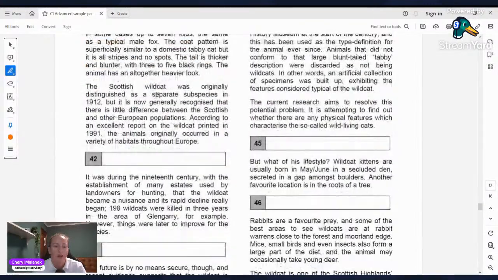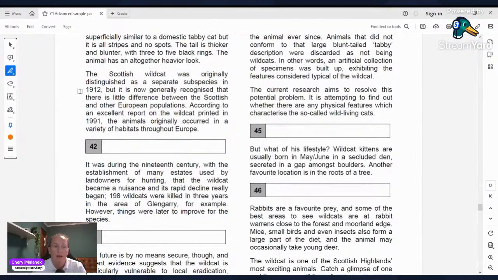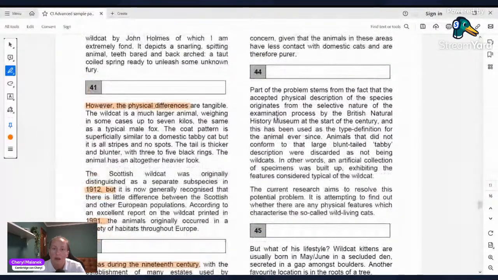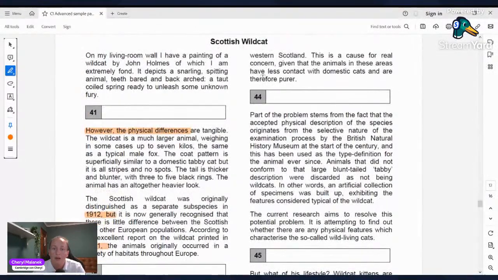Okay. Time words are going to help me. Things like dates. It was during the 19th century, 1991, 1912. Is there a time order with events? Here, part of the problem stems from the problem.